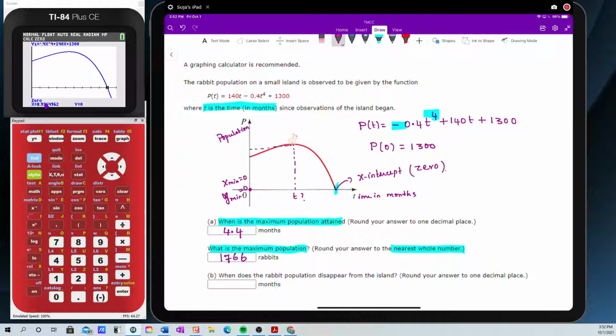And again here it says round to 1 decimal place, right? So I would say, when does the rabbit population disappear from the island? I would say approximately at 8.9 months. In 8.9 months, the rabbit population would disappear from the island.